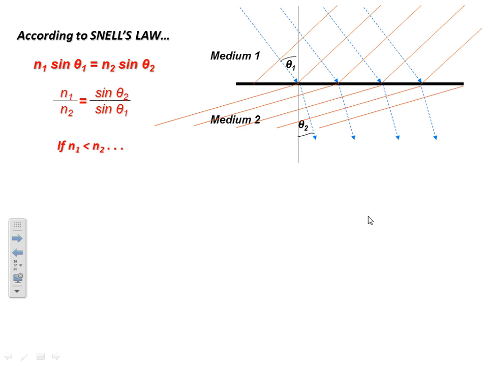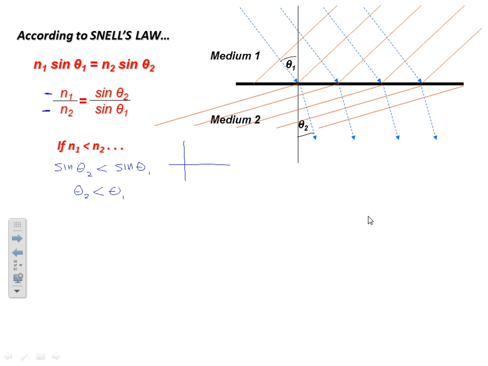Here's one of them: n1 is smaller than n2. If that's the case, it means that sine theta 2 has to be less than sine theta 1, or really, that theta 2 has to be less than theta 1.